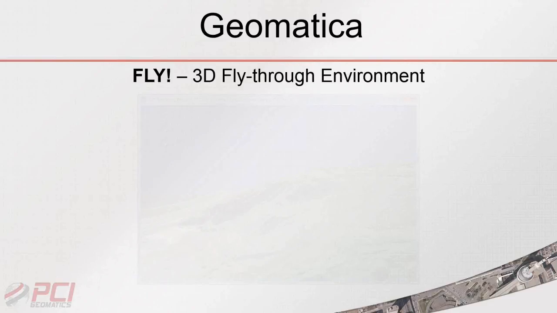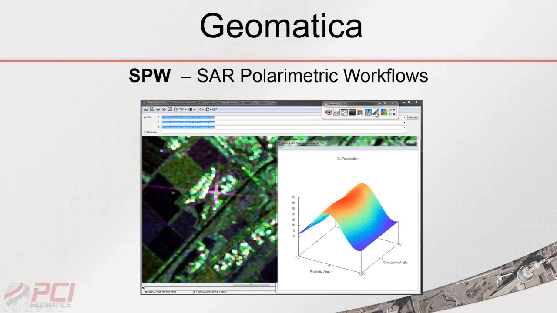Geomatica, in terms of SAR capability, has a number of algorithms, and one specific tool that was developed for analyzing radar imagery, specifically polarimetric SAR imagery, is known as the SAR Polarimetric Target Analysis, or SPTA. And you see it here on our toolbar. If you download the trial version of Geomatica, you'll get this button that looks like a radar satellite.